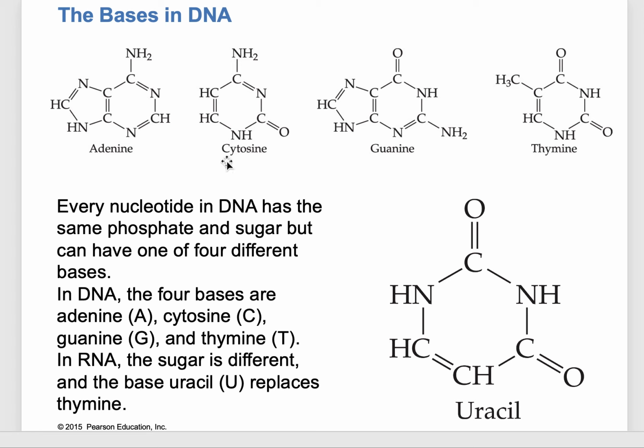Now in RNA, notice that there's no thymine, and that's replaced by uracil. Okay, so uracil is only in RNA, thymine is only in DNA. The rest are the same for DNA and RNA.